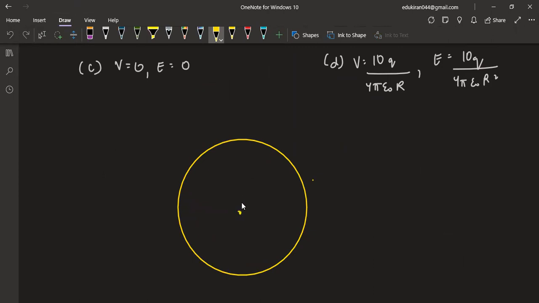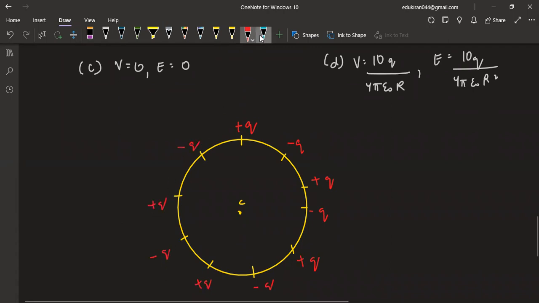Let's say this is some point, there's a center C. One charge is there, then 4 charges, 5, 6, 7, 8, 9, 10. Like this, all the charges are present. If this is plus Q, this will be minus Q: plus Q, minus Q, plus Q, minus Q, plus Q, minus Q, plus Q, and minus Q.